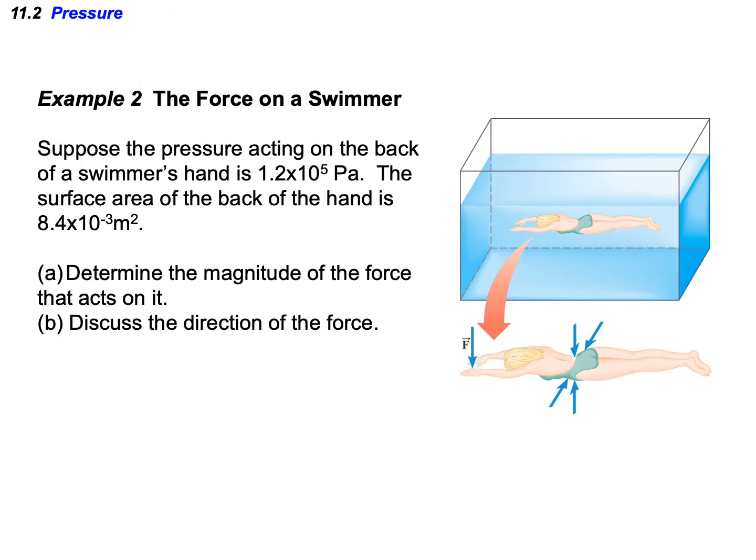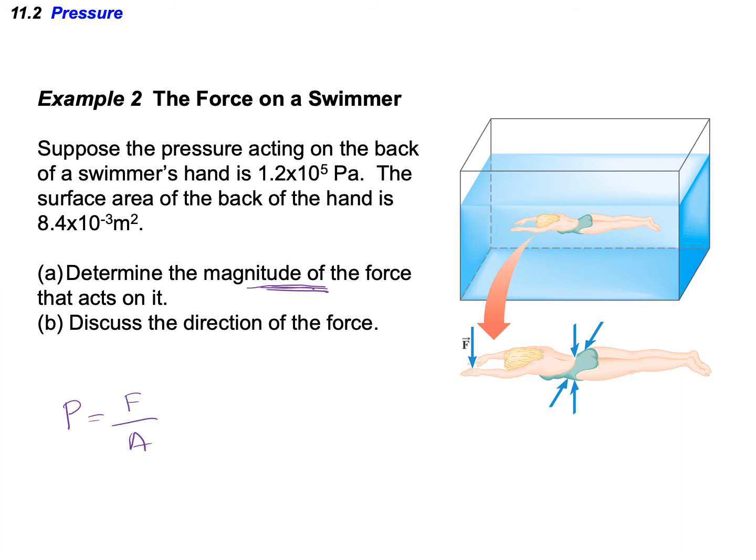Here is the first example. We learned that pressure P is force over area, and suppose the pressure acting on the back of a swimmer's hand is 1.2 times 10 to the 5 Pascal. The surface area of the back of the hand is 8.4 times 10 to the negative 3 square meters. Determine the magnitude of the force. We know force is a vector which has a magnitude and direction.